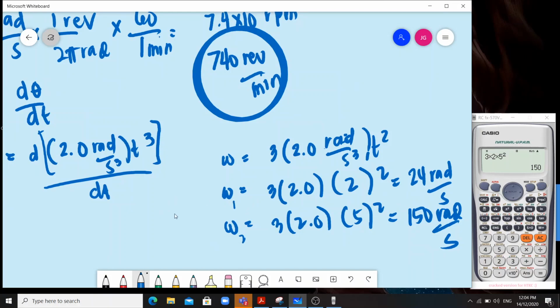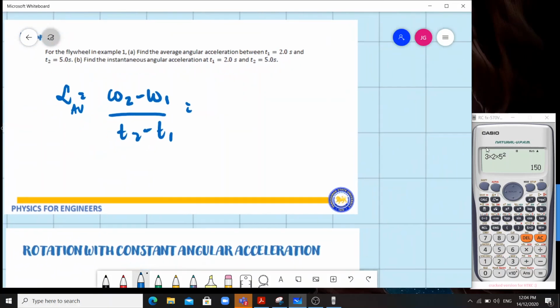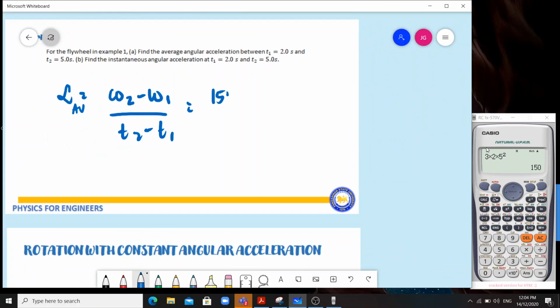So, 150 minus 24 over 5 minus 2, that is equivalent to 42 rad per second squared.